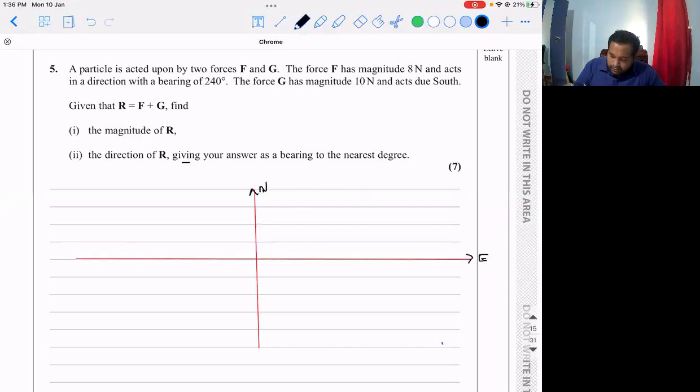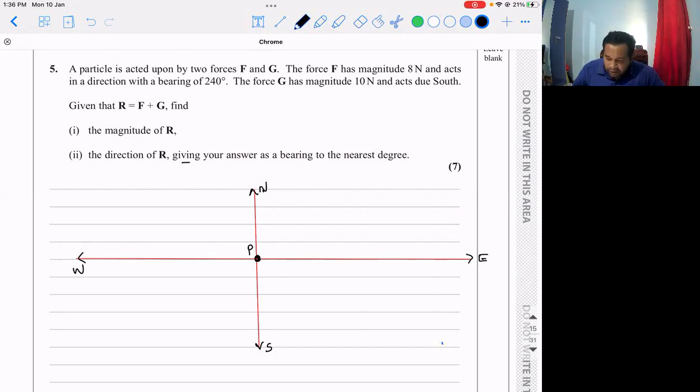This is east. This is south. And this is west. And we know that bearing always measures from the north. So this is our particle, particle P, that is being acted on by two forces, F and G.